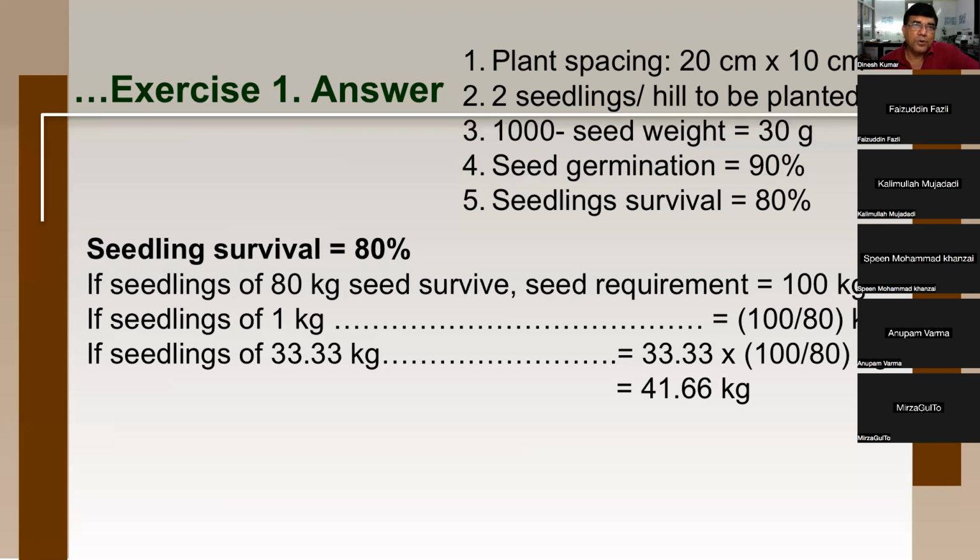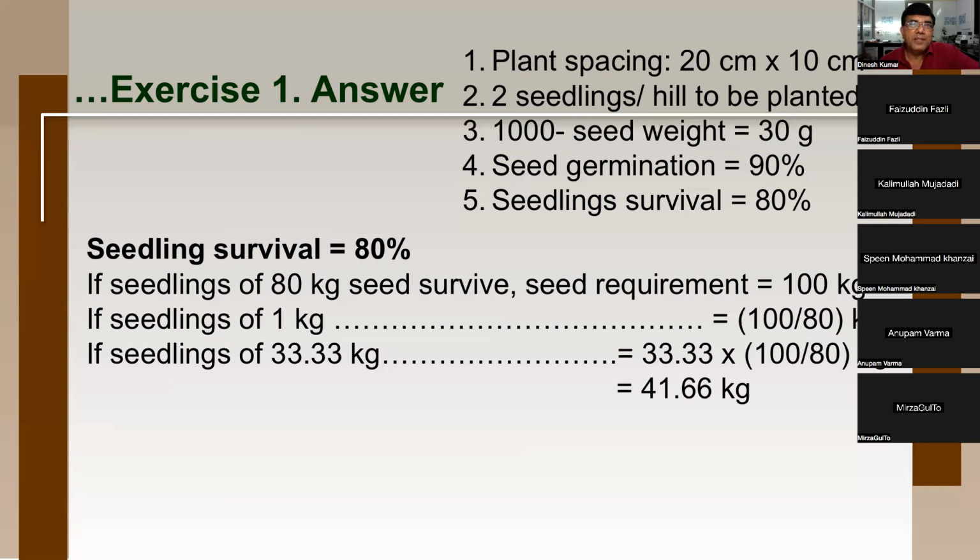Then you are told this is the 1000 seed weight, this is the germination percentage in maize, this percentage is survival, and this is the spacing. If this kind of information is provided to you, then you can calculate seed rate for maize also. Because tomorrow you will be teaching your students.